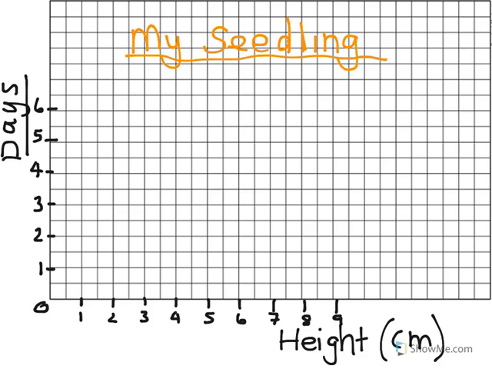So now it's time to plot our results. So having a look at the table that you copied out, our first result happens on day 0, because day 0 is the day that you start your experiment. So I've gone down to Bunnings and I've bought a little tiny seedling and I've measured it, and it's measured at 2 centimeters. So on my y-axis, and I'll just put a little y up here to make it very clear, and I'll put the x over here, and I'll use red to plot.